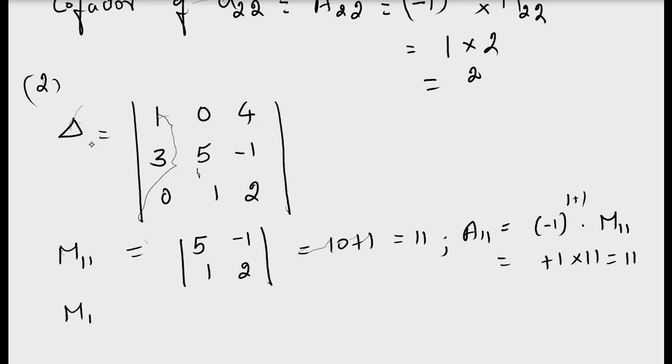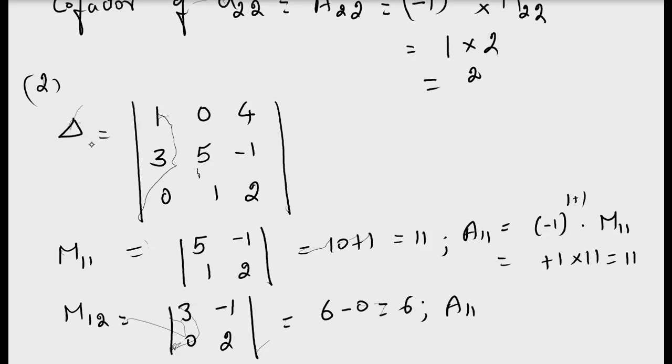Next, M12 is equal to, leave the first row and the second column. So you will be left with the determinant 3, minus 1; 0, 2, which is equal to 6 minus 0, which is equal to 6.